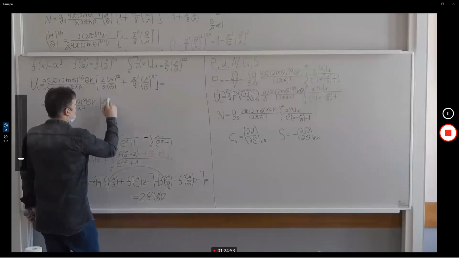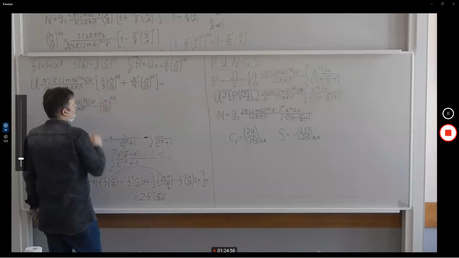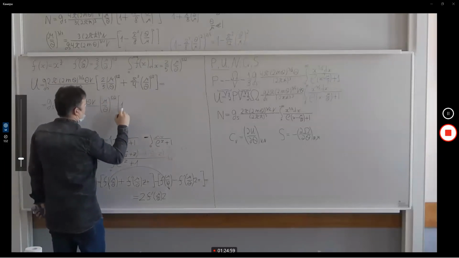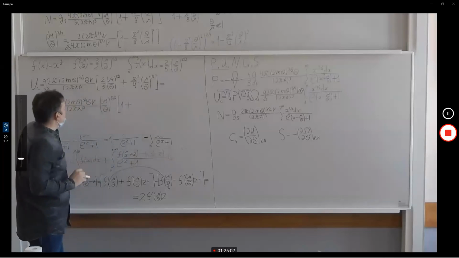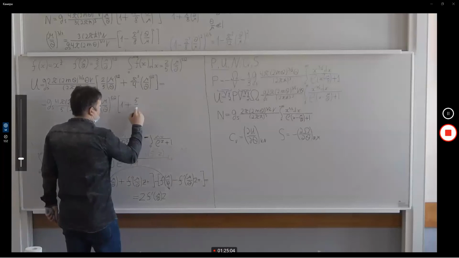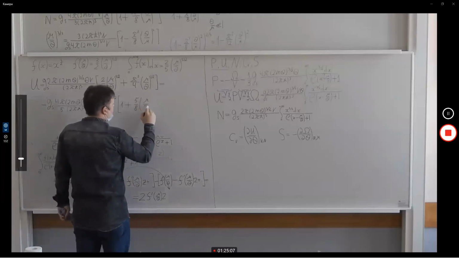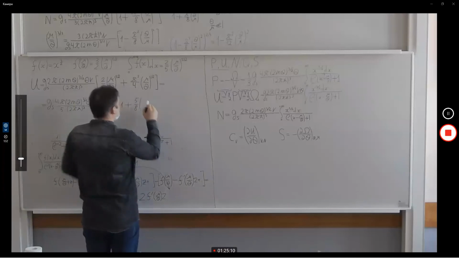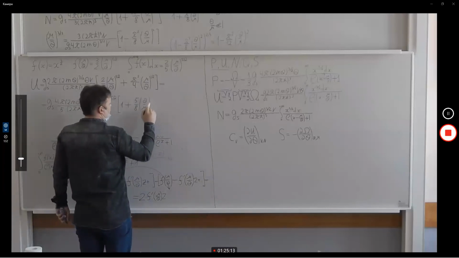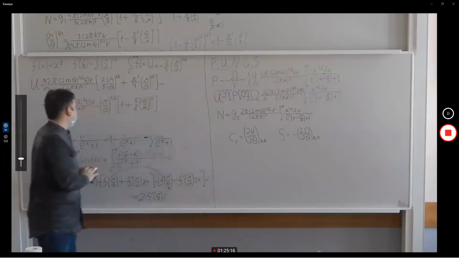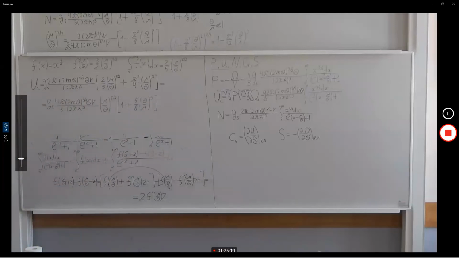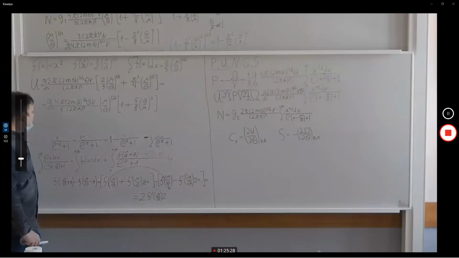Mu over theta to the power 5/2. And here 1 plus 5/8, not mu over theta, but theta over mu to the second. Now we expressed the internal energy in terms of chemical potential and temperature.